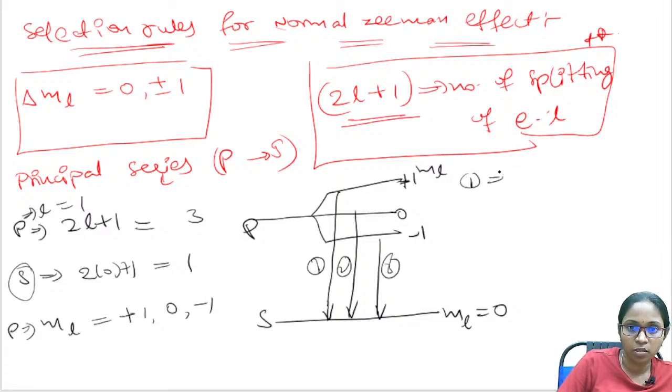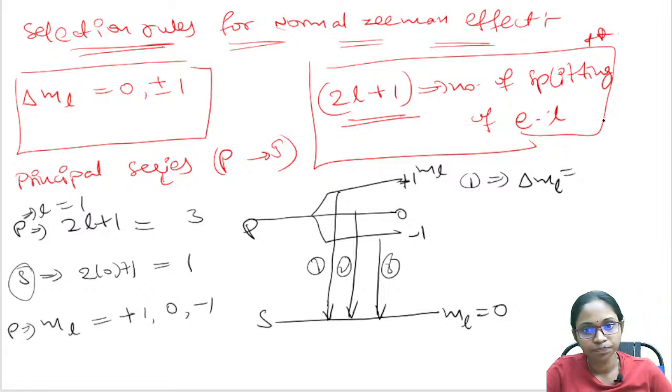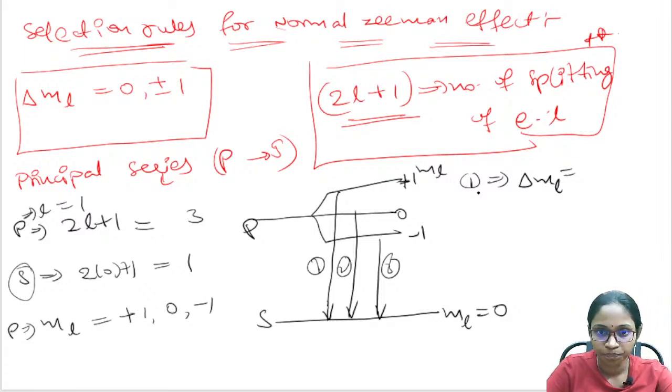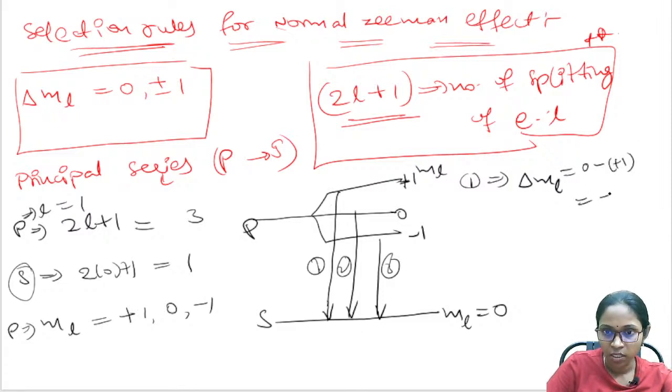For the first spectral line, check this delta ML value. We are going to check the selection rules. First line: 0 minus plus 1 will be minus 1.